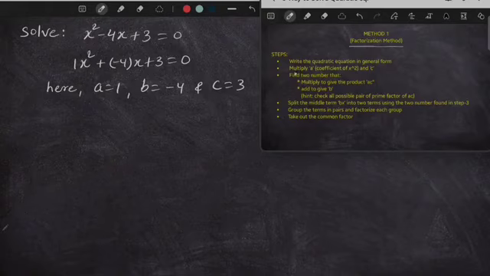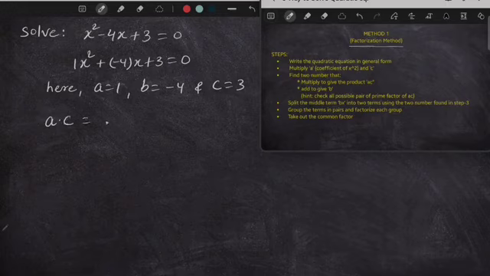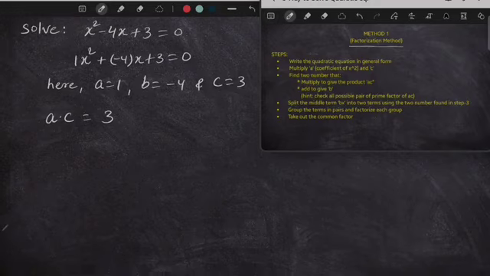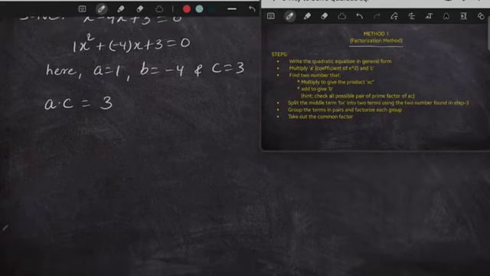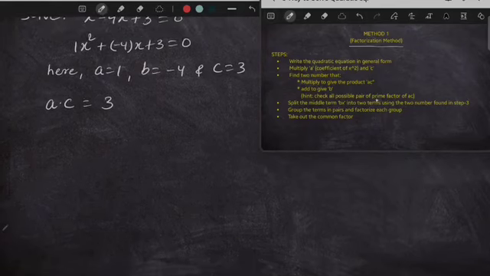Now the next step is to multiply a and c. So a into c is 3. Now the next step is to find the two numbers that multiply to give the product AC and add to give B. Hint: check all the possible pairs of prime factors of AC.